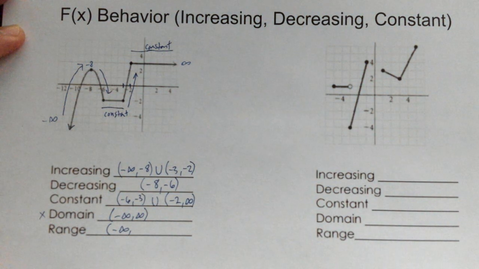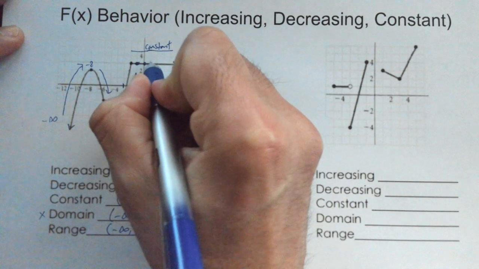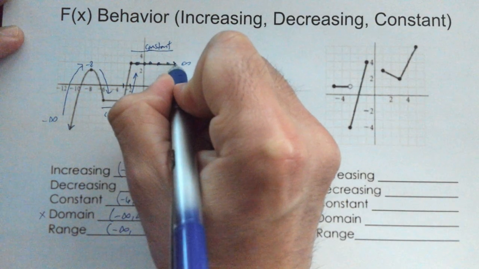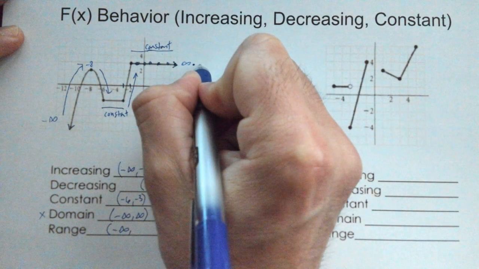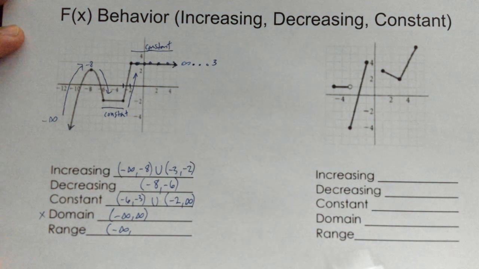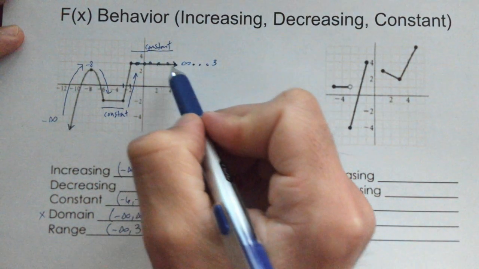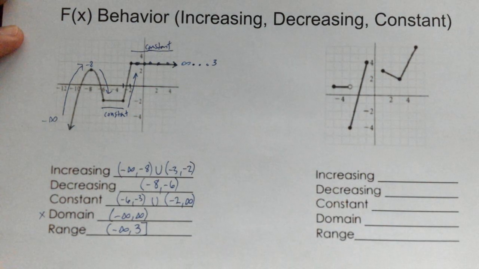Even though there's an arrow here that says it's going to go to positive infinity, all these values on the graph, no matter how far I go, are all at 3. That's the highest y value. And I put a bracket because all those points do exist on our set of y values.